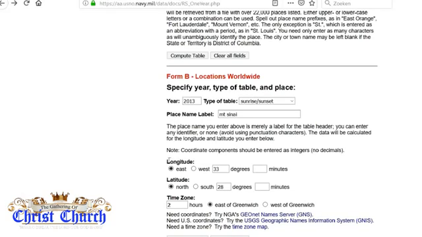So, we're going east. Now, check out the degrees we must put in for longitude. 33 degrees. See? All right.